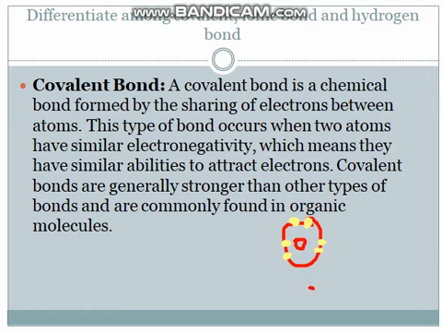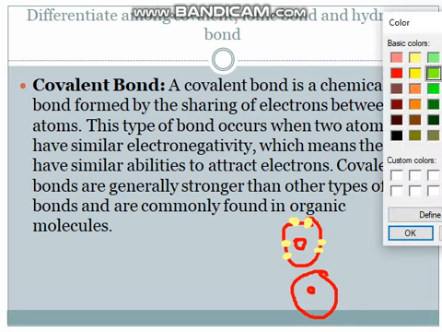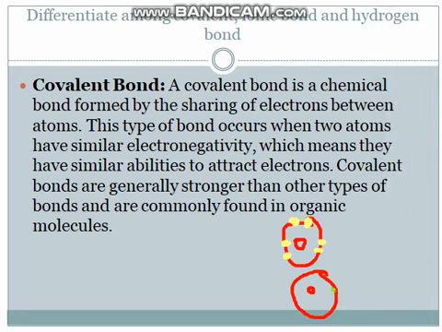So this is another oxygen atom. Now draw the electrons as crosses, not dots: 1, 2, 3, 4, 5, 6.